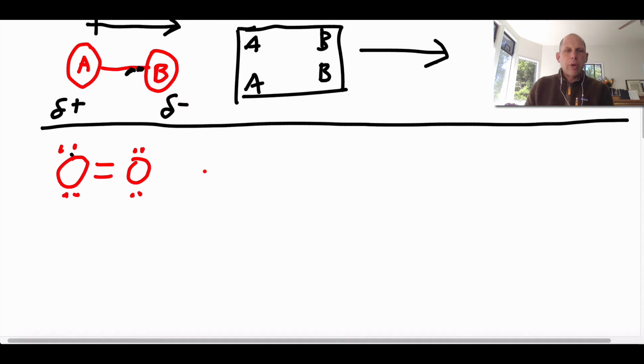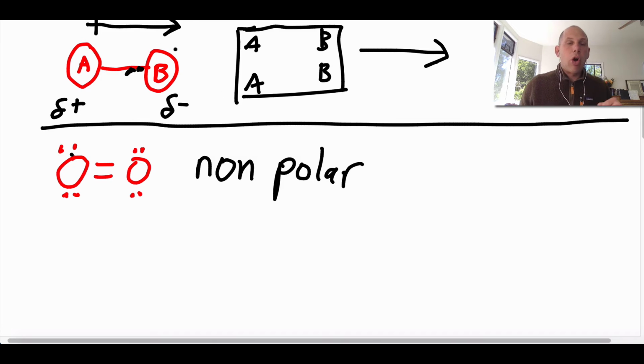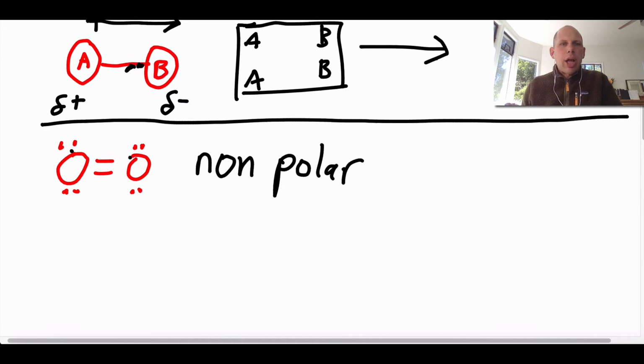Therefore, this molecule is what we call non-polar. If there is no molecular dipole, as you noticed with these, the molecule is non-polar, meaning there is no pull at all.